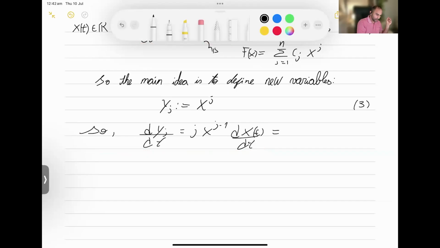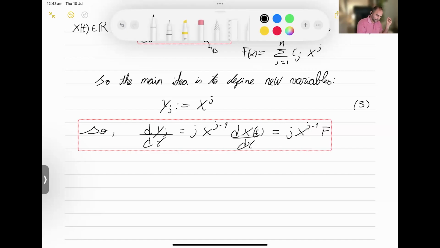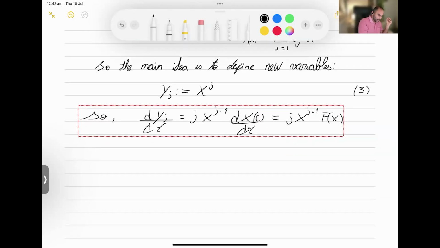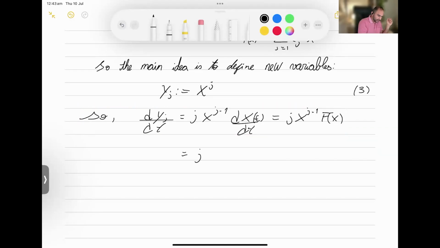So we put all these things together, and then I have equation 4. And we can go a step further: this is going to be j, and we use the polynomial that you have defined.